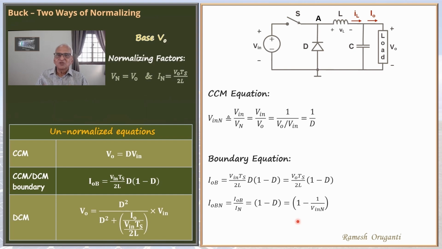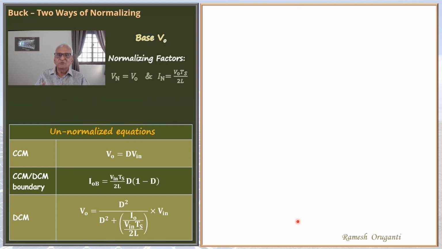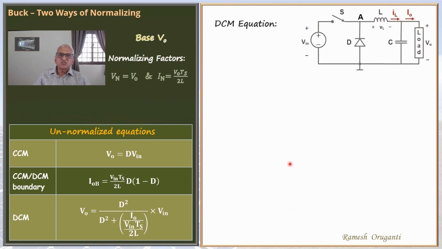The DCM equation will take a bit of manipulation to normalize. We will do that next. This is the DCM equation, V0 equals d squared by d squared plus I0 by Vin Ts by 2L times Vin. We can bring this denominator term to the left hand side.